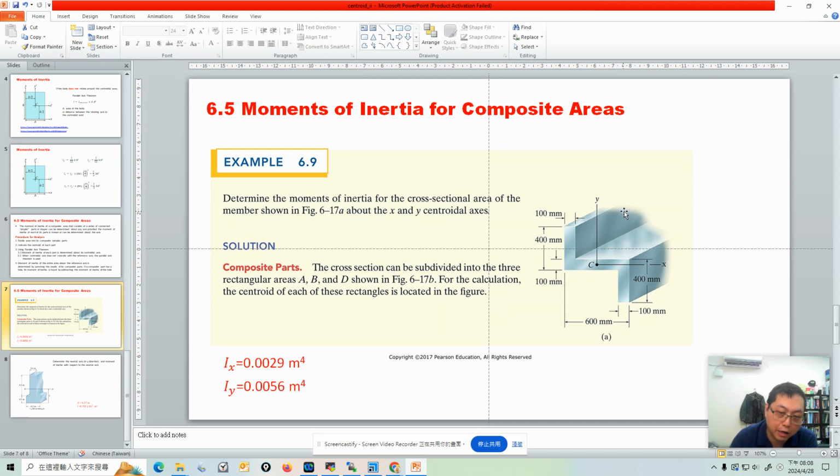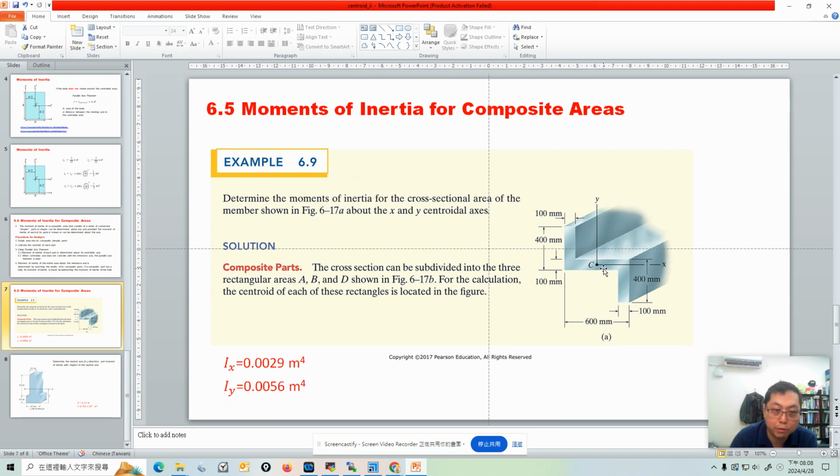That's good, we save some time. Later, in the stress calculation in the bending beam, you will need to calculate the so-called neutral axis by yourself.